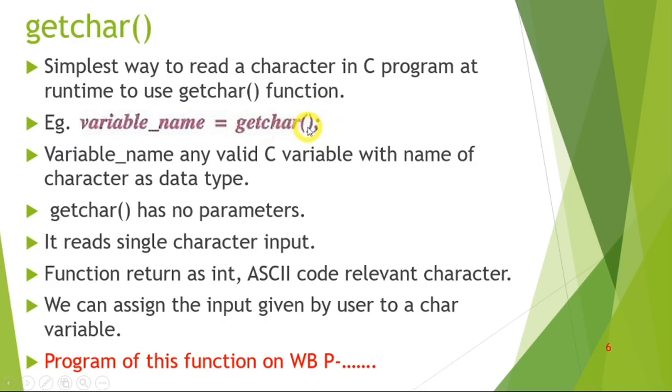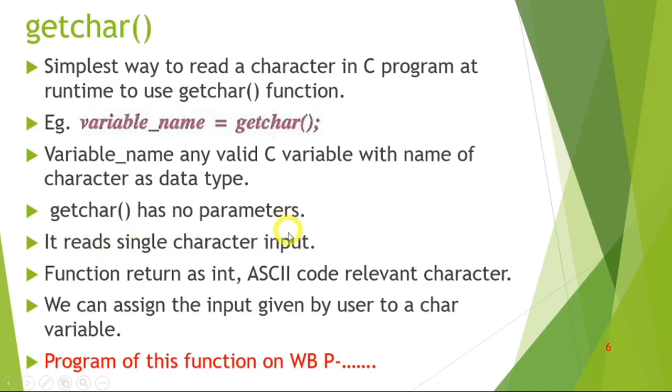Now the variable name is any valid C variable with the data type character. Getchar has no parameters, because the result we will put in the variable, such as state name or yes or no, something. It reads a single character.